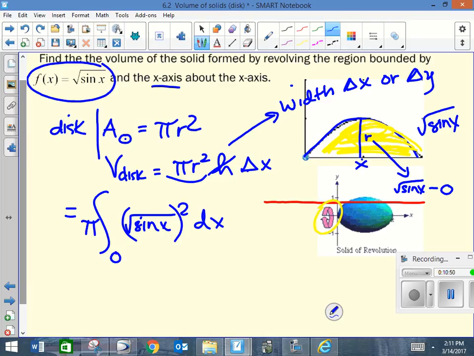Limits. Of course, the one starts with 0. What's the end of this one?